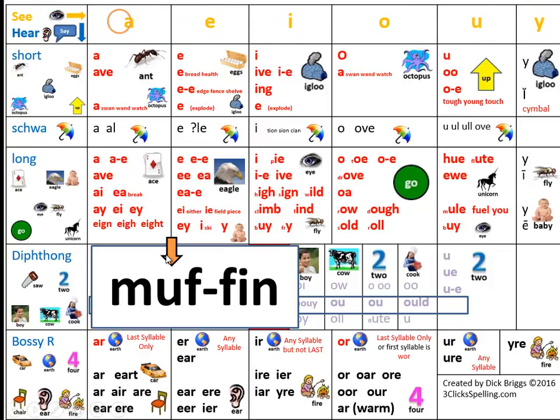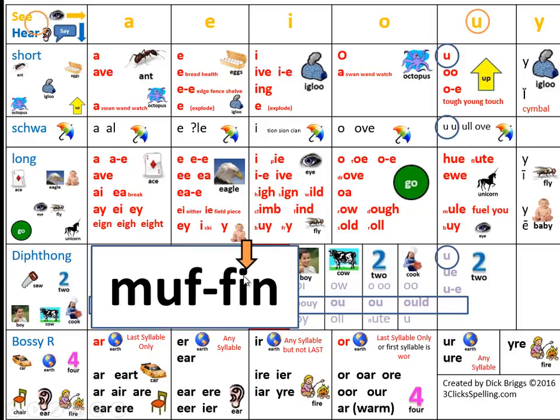And we find the U. Again, we look down the sequence. Start with the highest one that we find. So we're just looking just for the U. So this one here is going to be muff, muff.